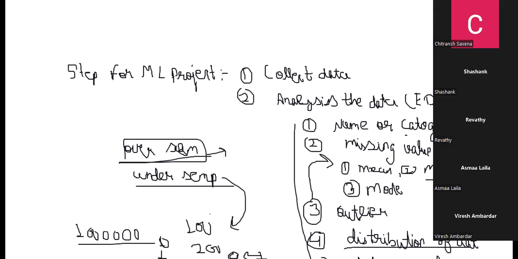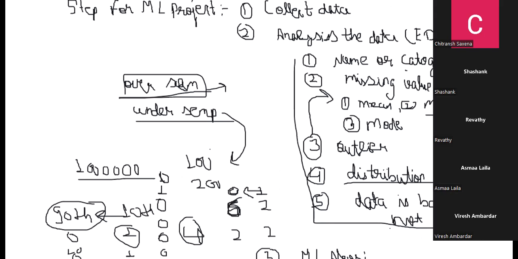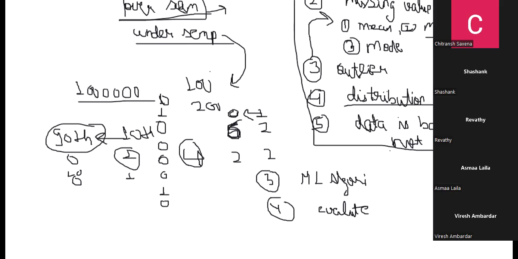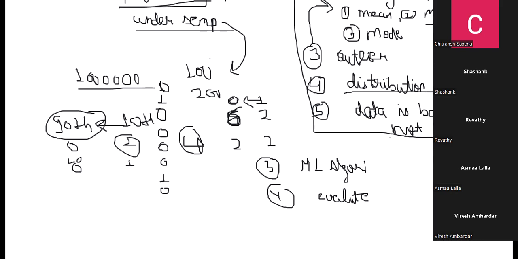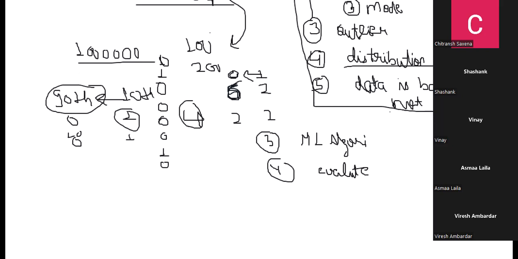The fourth point, after choosing the ML algorithm, is to evaluate it: check whether your algorithm is best for this data or not. Check the accuracy.